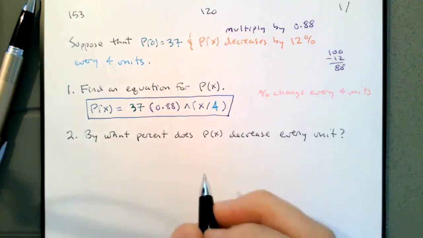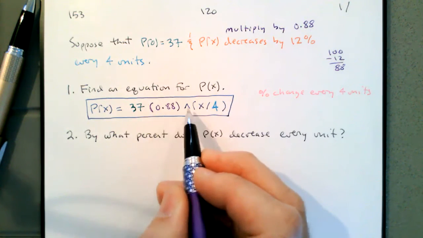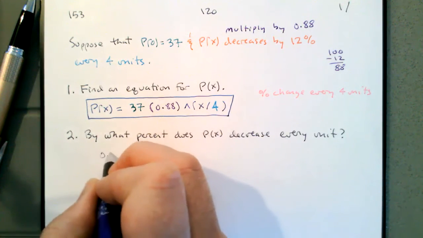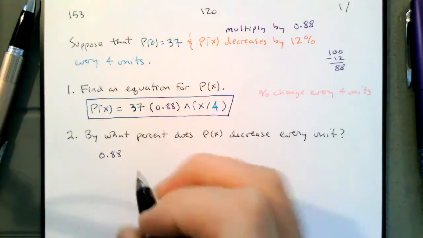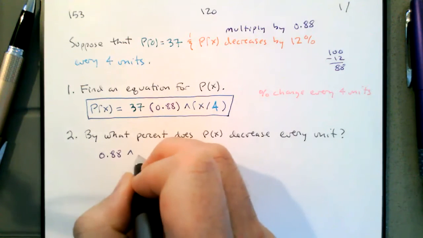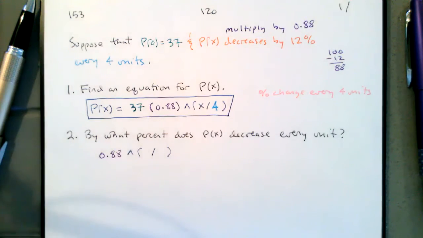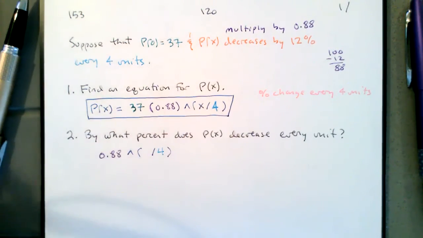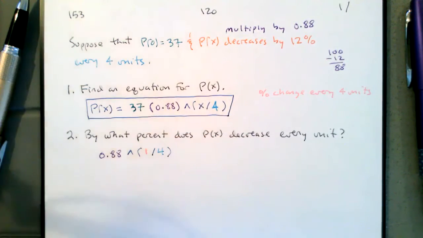So the shortcut is to just take the multiplier 0.88 and raise it to the 1 over 4. So if we just take the 0.88 and raise this to the 1 over 4, this will tell us the percent change per 1 unit.